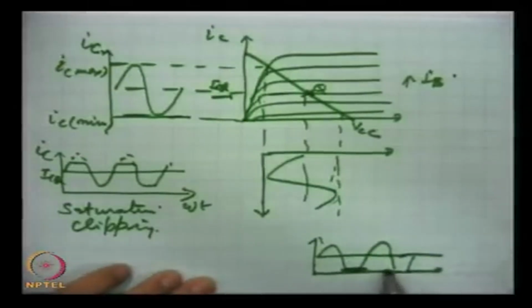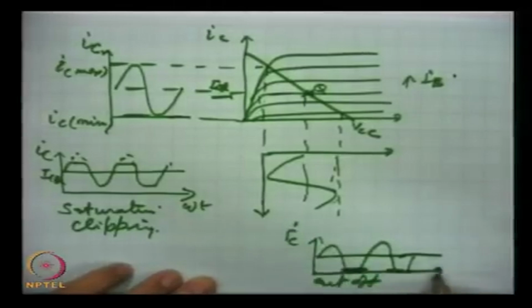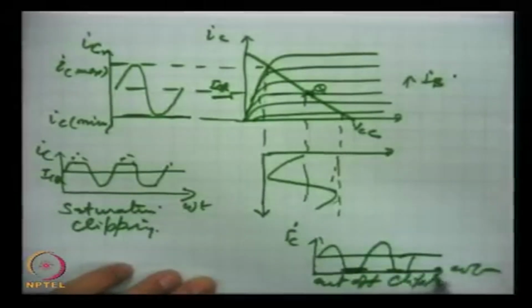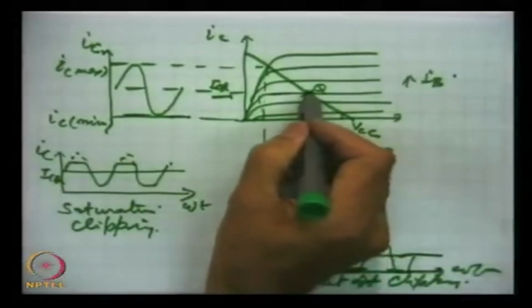This is the cutoff clipping. This is IC, this is omega t, and this is cutoff clipping, the distortion. So, we have to choose the operating point in the center.